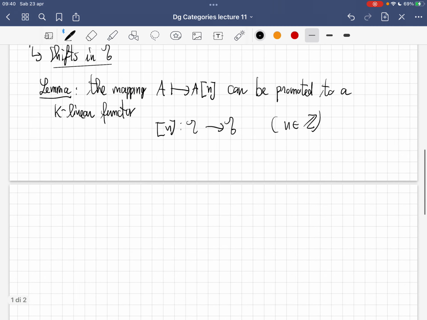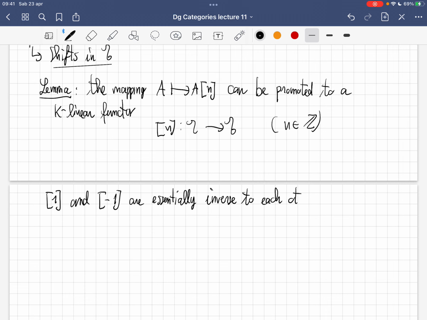And there is something more to be said, namely that if you take this functor for n equal to 1 and the other with n equal to -1, these are essentially inverse to each other, in the sense that there are isomorphisms in the functor category, which we should know about, I hope.